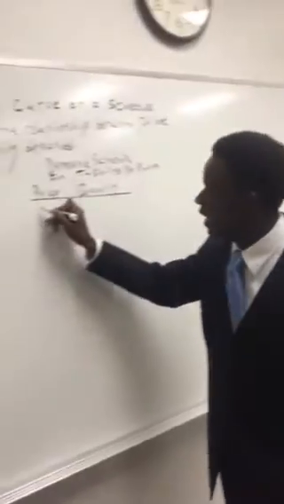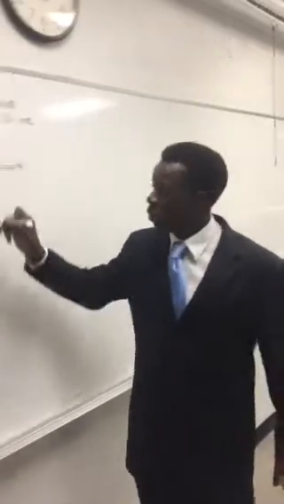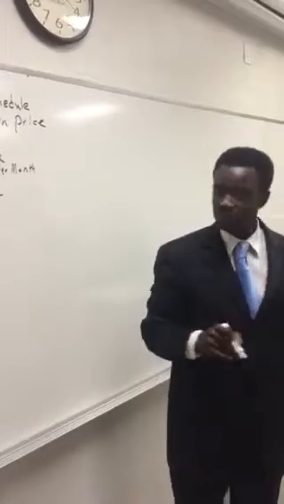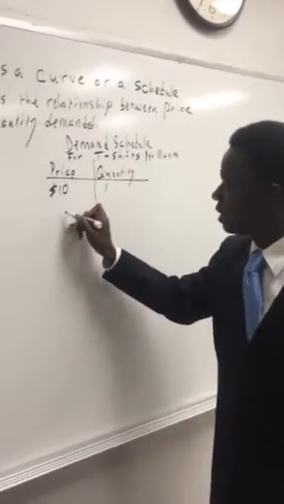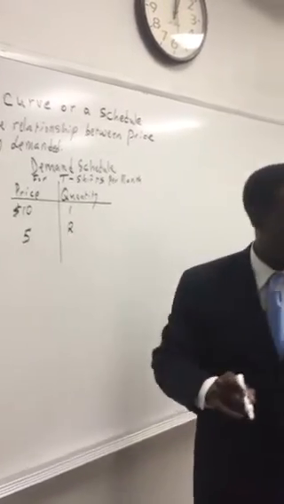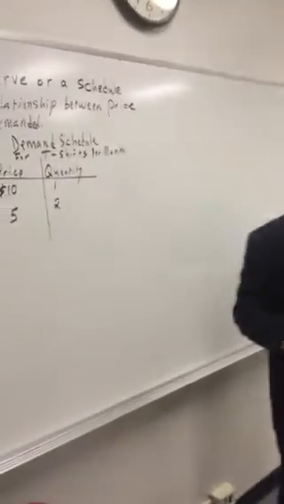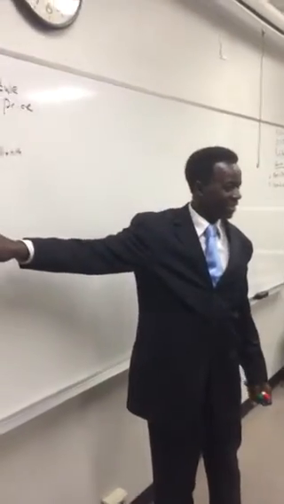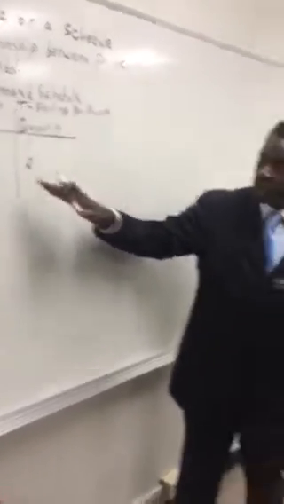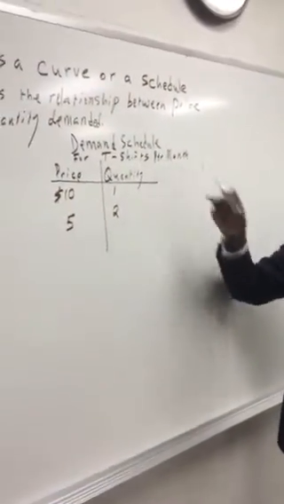If the price is $10, one t-shirt is demanded. If the price falls to $5, two t-shirts will be demanded. So demand is a schedule showing the relationship between price and the quantity demanded of this t-shirt per month.